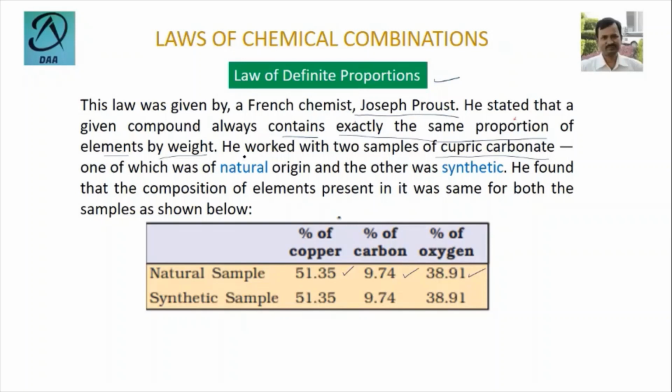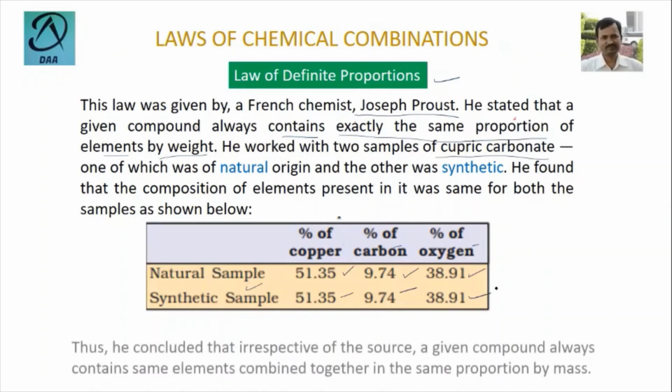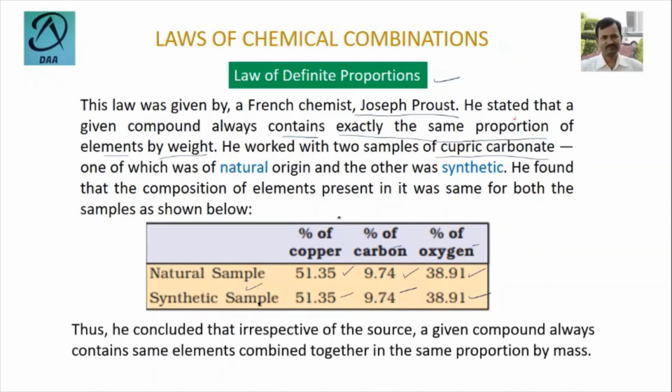And for the same compound, when it is synthetic, the same proportion in percentage for copper, carbon, and oxygen. So with this, he concluded that irrespective of source, in this case whether natural or synthetic, a given compound always contains the same elements combined together in the same proportion by mass.